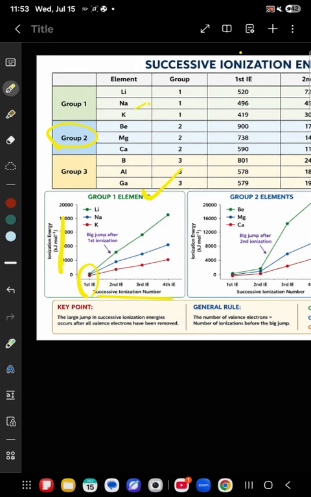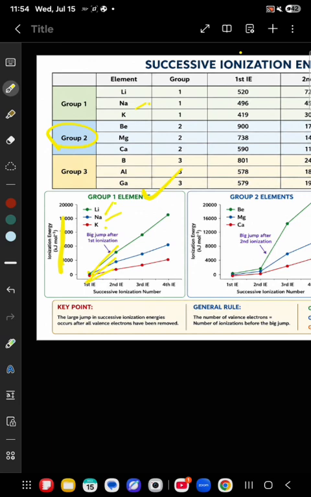So when the first electron has been removed, the ionization energy is this. But when the second electron has been removed, this is a big difference for lithium, a big difference for sodium, and a big difference for potassium. So we can see there is a big jump from the first to the second ionization energy for lithium, sodium and potassium.